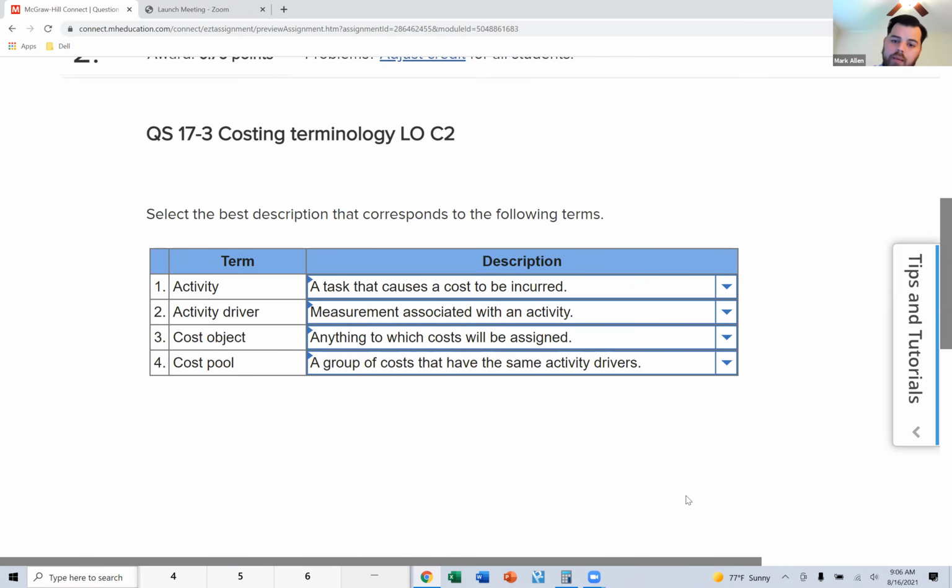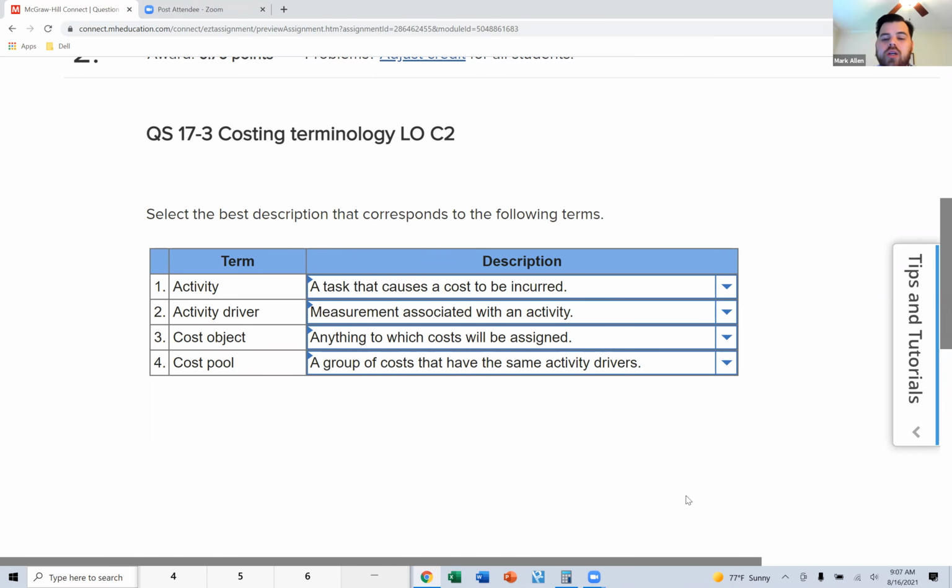The time my employees spend welding on this project, that would certainly be a task that would cause a cost to be incurred. Anytime we are inspecting something, right, that task, the inspection itself, would cause a cost to be incurred. So this is the idea of an activity. Anything I'm doing that is causing a cost to be incurred. Now, the next thing, a cost object.